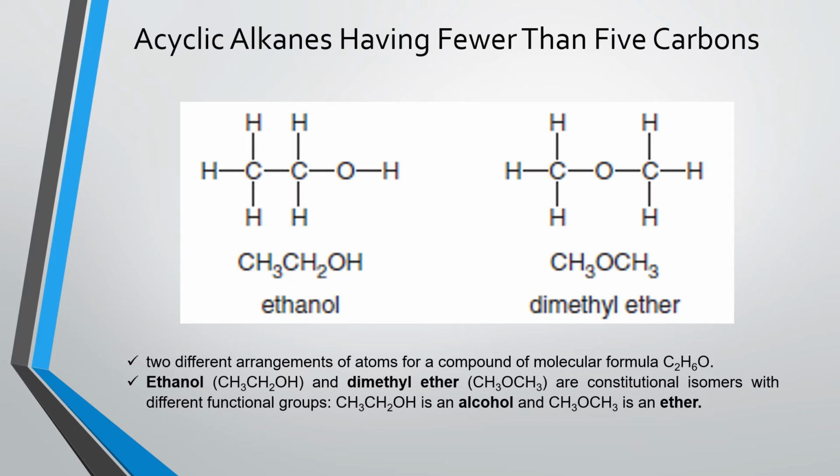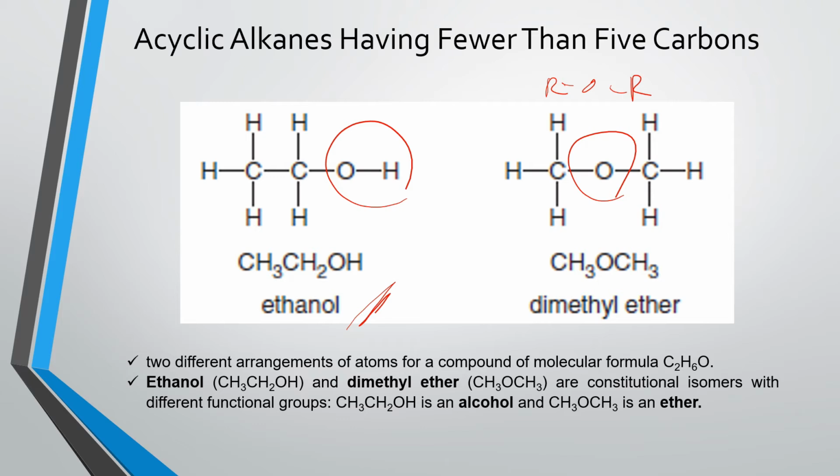Another example here is the 2 different arrangement of atoms of compound molecular formula C2H6O. One is an ethanol, which is an example of alcohol, and the other one is an ether. Okay, kung mapapansin nyo, this is a functional group for alcohol, OH. This is a functional group for ether, ROR.